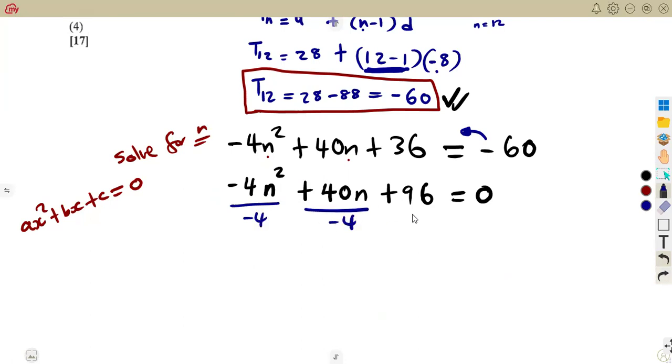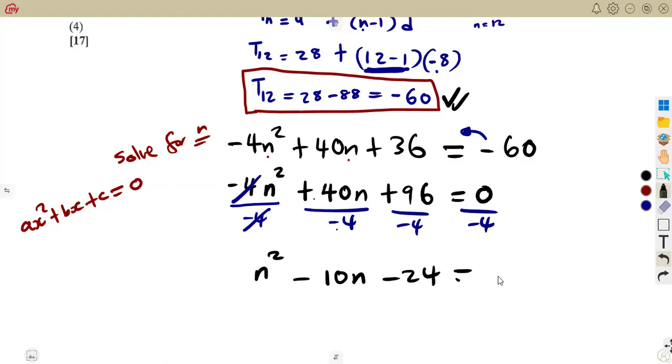So you can simply divide each by this negative 4. So this one was going to cancel, and we're going to remain with n squared. Positive 40 and negative 4, that was going to be negative 10n. 96 and minus 4, that's a negative 24, which is equal to 0.